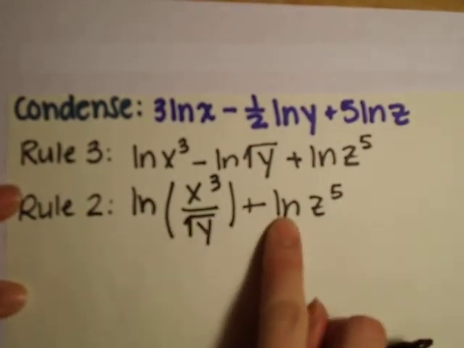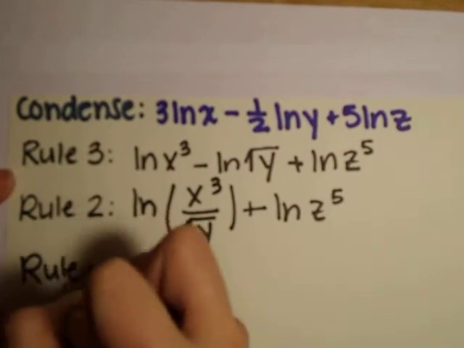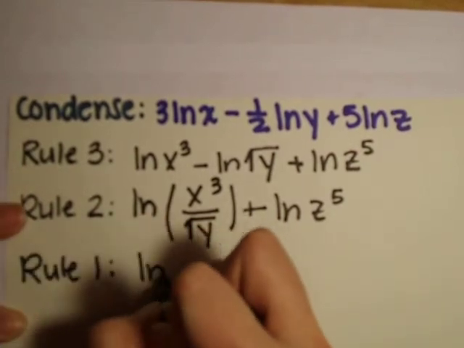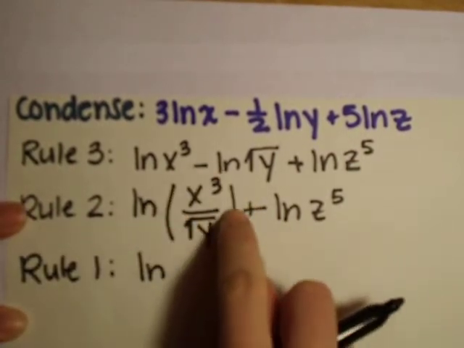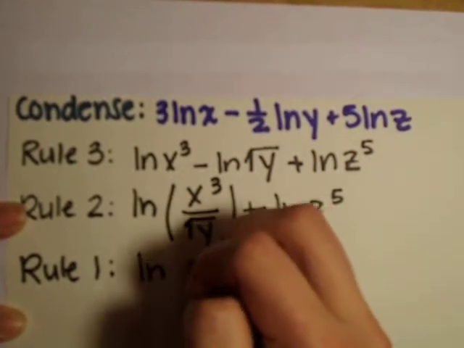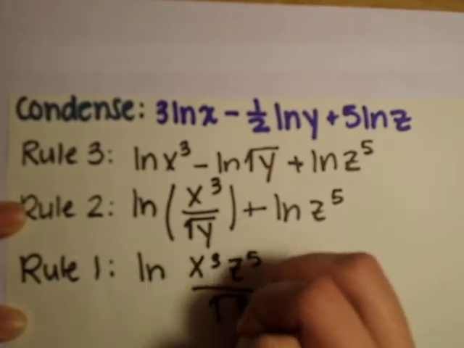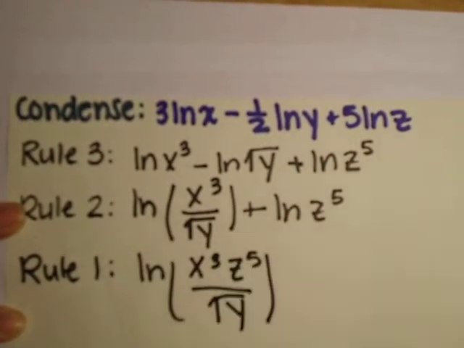So now we can use the product rule, which is rule 1. We'll be left with natural log of this part times z to the fifth. So we'll have x cubed z to the fifth all over the square root of y. And that is our final answer.